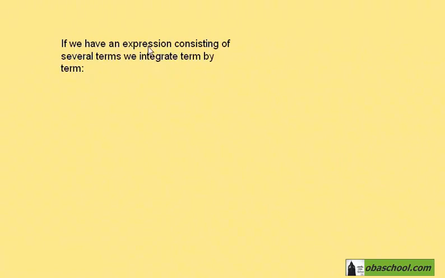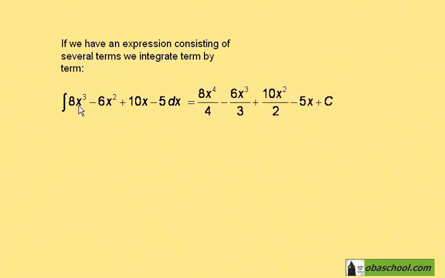If we have an expression consisting of several terms, we integrate term by term. Suppose we have the integral of 8x cubed minus 6x squared plus 10x take away 5. And remember, x here is x to the power 1. For the 8x cubed, we increase the power to 4 and divide by the new power.